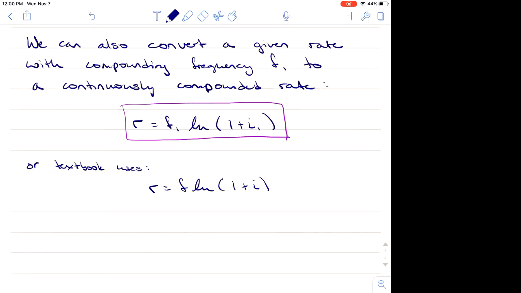That's from the textbook, but because it doesn't have those subscripts, I don't think that it's as clear of a formula. So on your formula sheet, you have that one. But if you see it used in the textbook, then they're just the same.